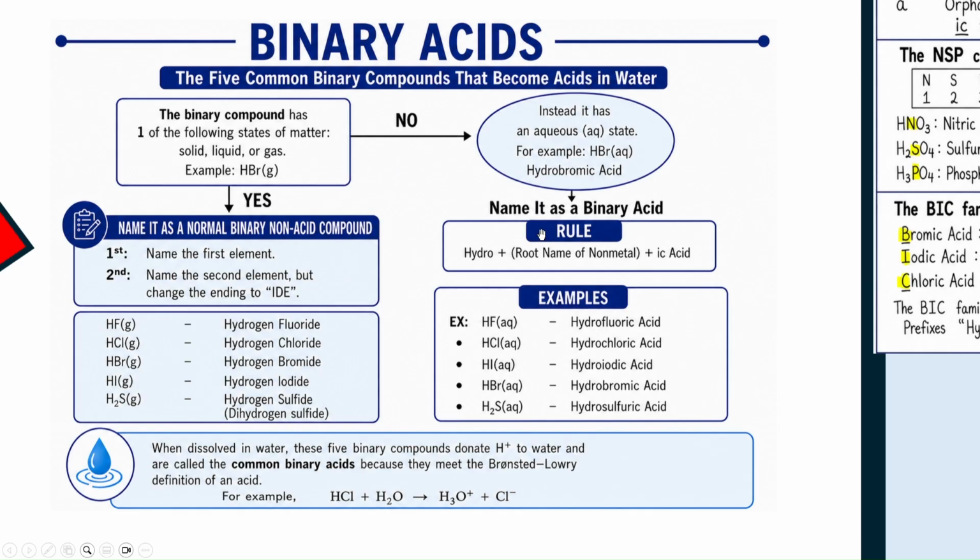So the rule is that you write hydro, then the root name of the nonmetal, the suffix ic, and the word acid. Some examples include hydrofluoric acid, hydrochloric acid, and the rest that you see here.